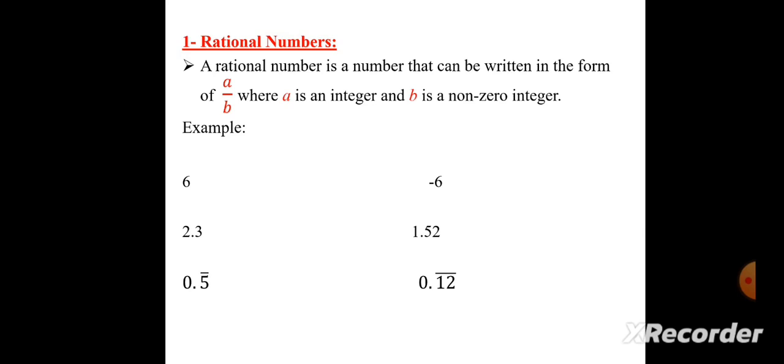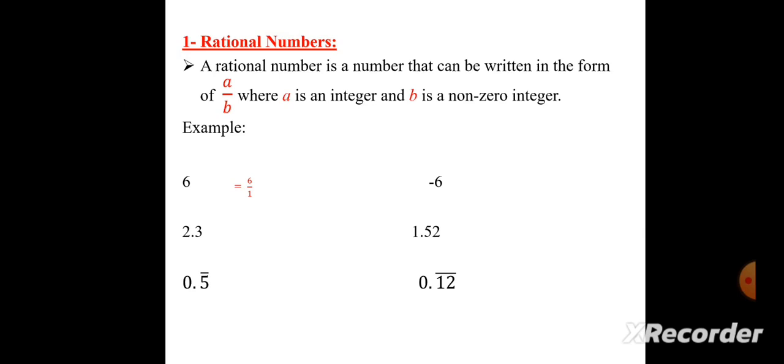But b is a non-zero integer. b, the denominator, can be positive or negative, but it cannot be 0, since 5/0, for example, is not defined.